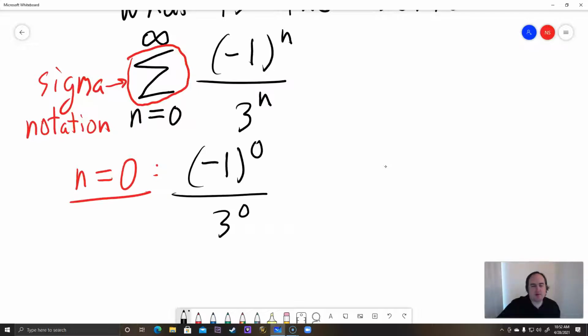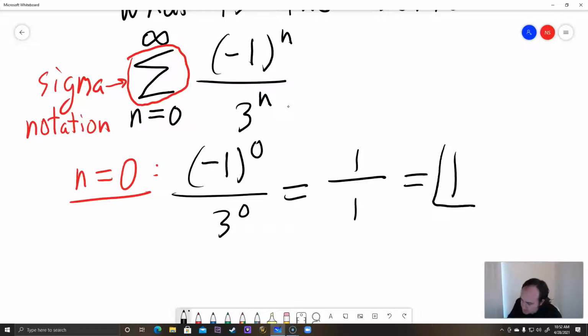All I'm doing there is plugging in n equals 0. And remember, any number to the 0 is 1. So this is going to be 1 over 1, which is 1. And that's going to be the first term.